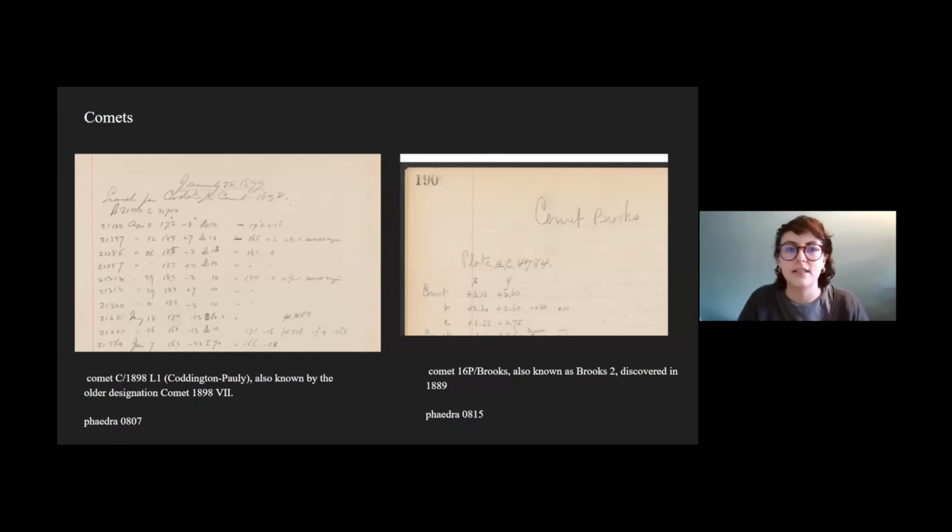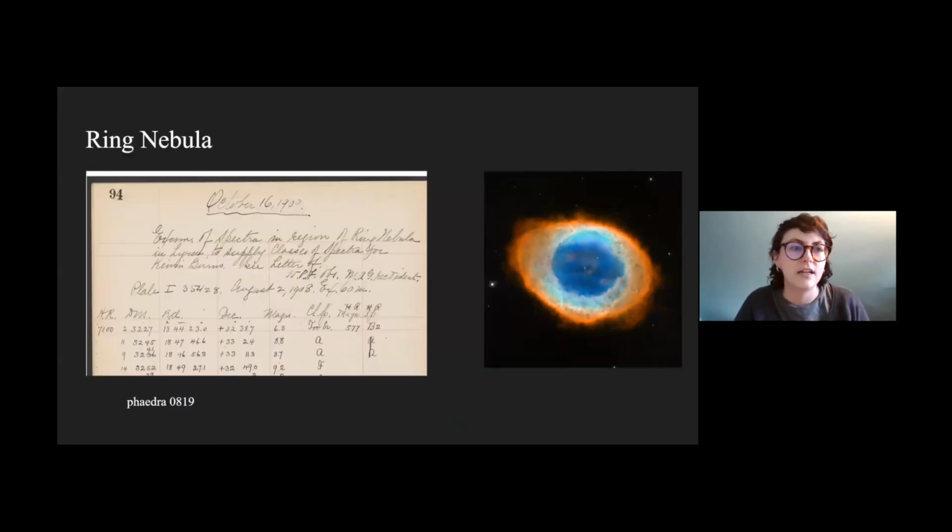So it does highlight that history of science element. Same thing here with the Ring Nebula, which is discussed in the notebook page on the left in 1909, and on the right we have such a clear image of that, and so it really shows the connection between past and present astronomy.